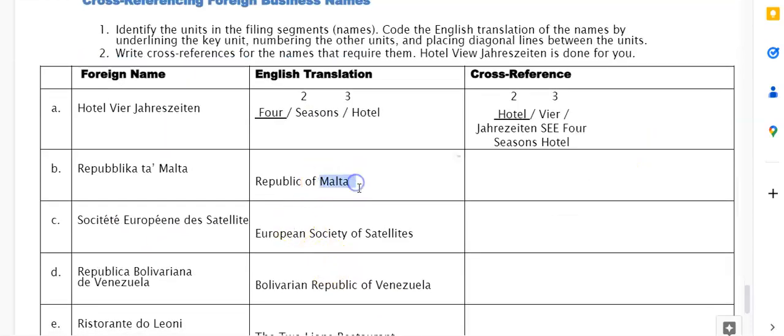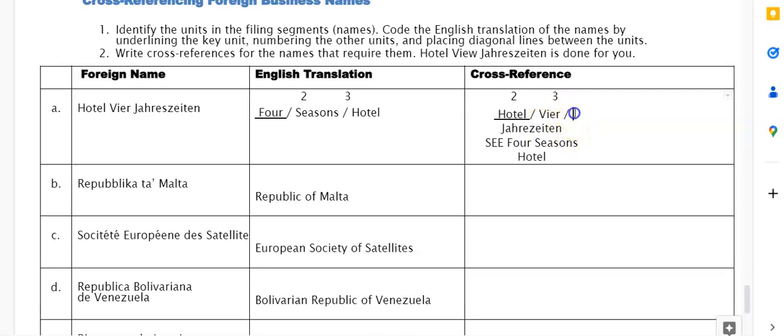Remember, just by underlining the key unit and then labeling each of these as we did before. And then we need to write cross-references for the names that require them. And so here's an example of, let me just adjust this so it's a little bit easier to see here.